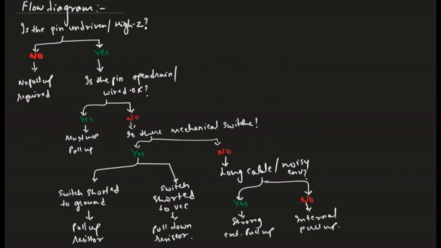As you can see on the screen, I have attached the flow diagram for pull-up and pull-down resistors: when to use, when not to use, and what conditions they come with. Based on that, you decide what type of pull-up or pull-down resistors you need to consider when you are considering a GPIO pin.